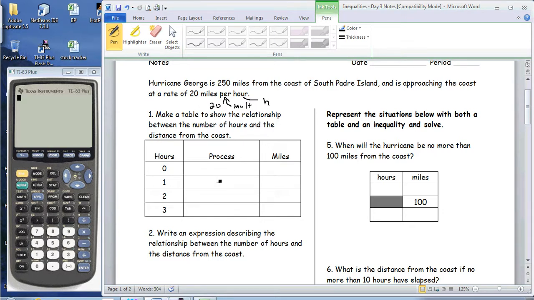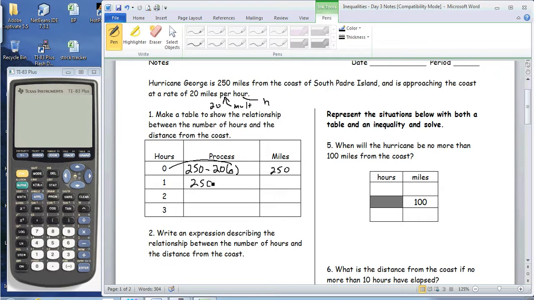Number 1, make a table to show the relationship between the number of hours and the distance from the coast. So it starts at 250 miles away, and then it gets closer, so that means we're subtracting, the distance is less. 20 times the number of hours, in this case it's 0 hours, so that's going to go here, 0, which gives us 250 miles.